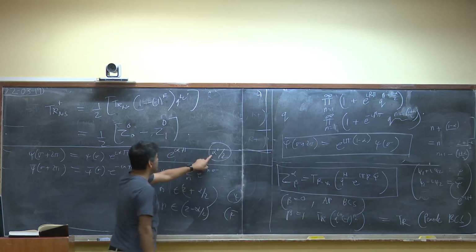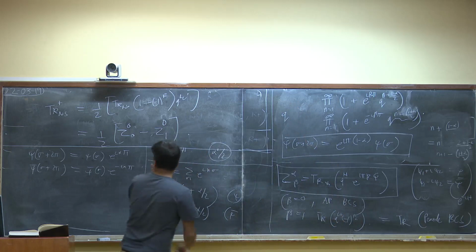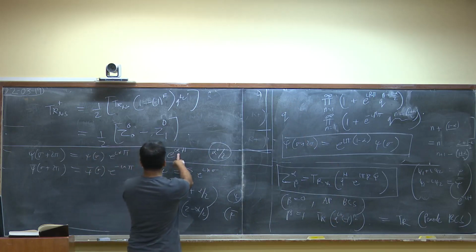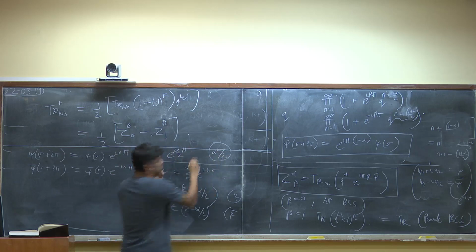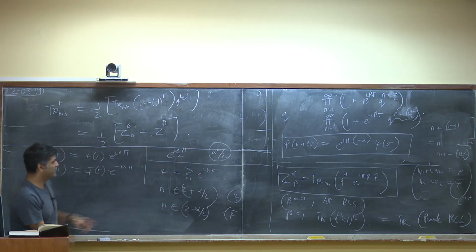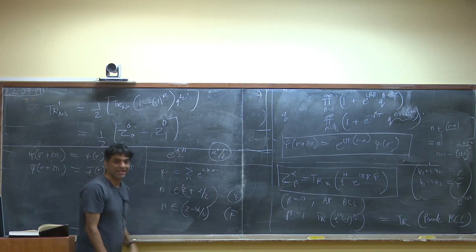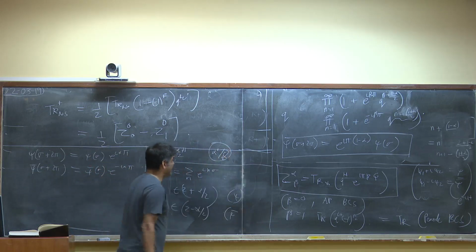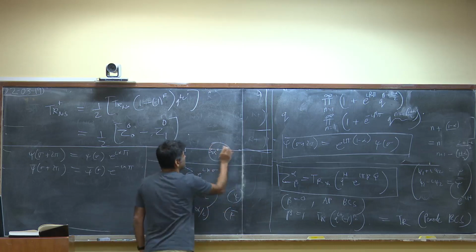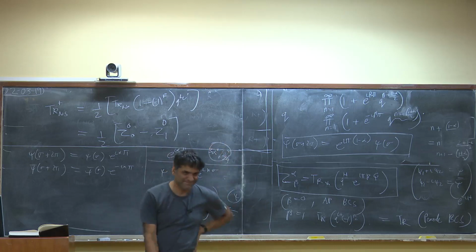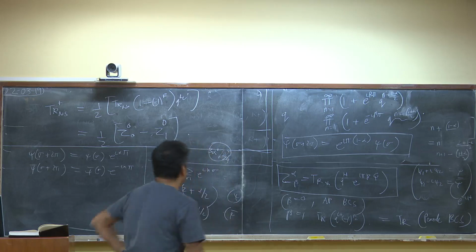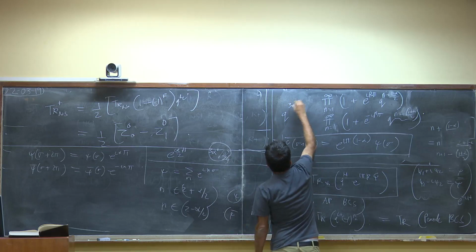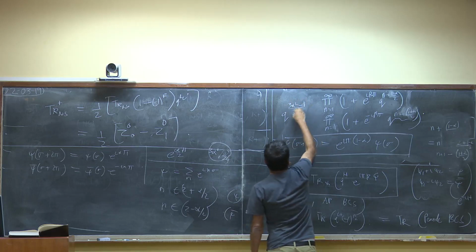Now we had alpha squared. Sorry, this was e to the power i alpha by 2. When alpha was 1, it was e to the power i pi. So this is alpha squared by 8, which we're going to write as 3 alpha squared by 24. So this will give us 3 alpha squared minus 1 divided by 24.